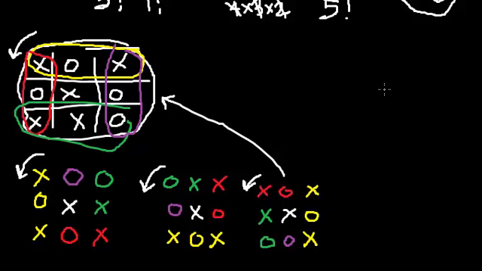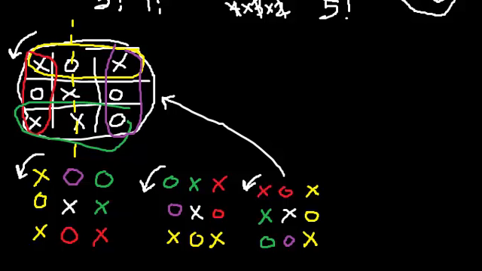Now, is there another way of rotating this? Yes, the answer is yes. Another way is called reflection. So we're not rotating it, we're reflecting it. Let's try to reflect this thing along the y-axis. Imagine that you have a y-axis passing through the center right there, and we're gonna flip it around that.